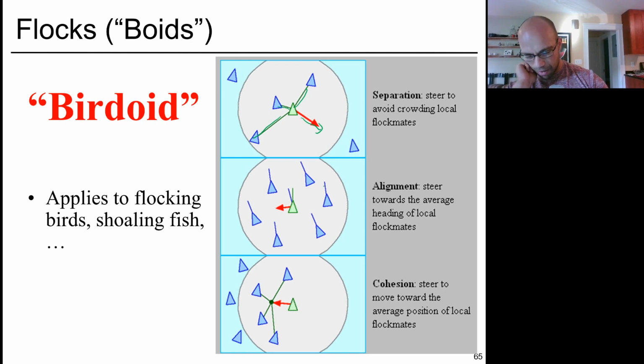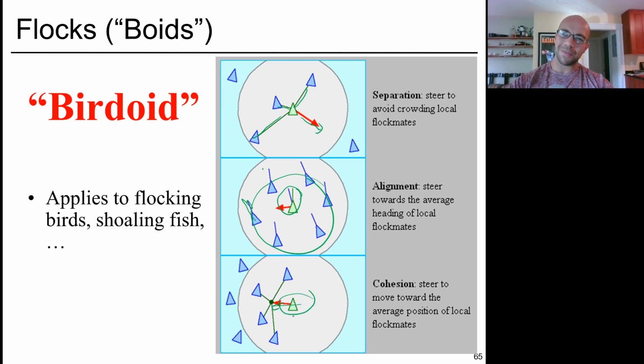So one thing you could do is look in a neighborhood of your boid, and if you notice that everybody's pointing in a particular way, then you correct your own velocity to point in a similar direction. And then finally, kind of similar to that Lennard-Jones potential, maybe if you're too far away from the flock, then you add a force pulling you closer to the flock, so that all the birds fly together. What's that Mighty Ducks line? Ducks fly together. And the end result is actually really impressive.